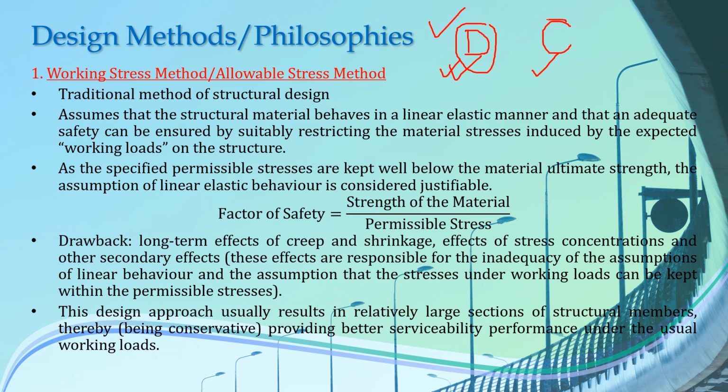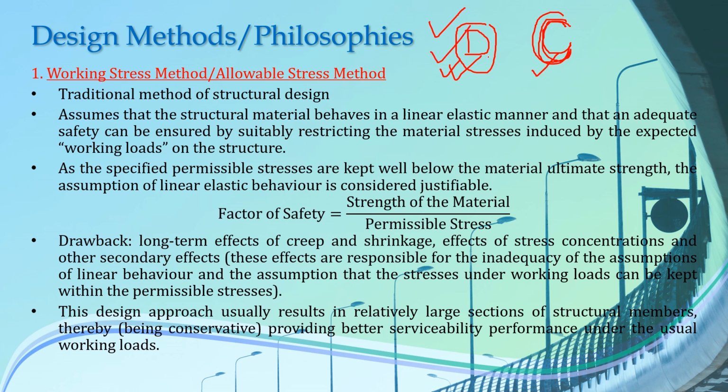Whereas capacity means the capacity of our various structural elements to resist the internal forces or to resist the loads coming onto our structure. So this capacity is dependent on the dimensions of the cross sections of various elements and the amount of reinforcement or the amount of steel that is present in that member.